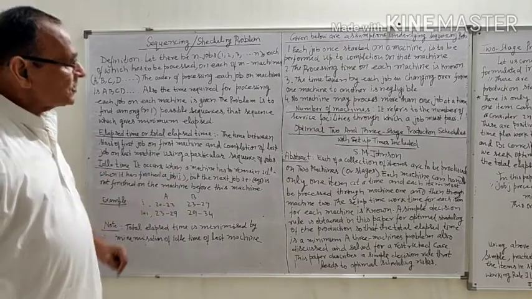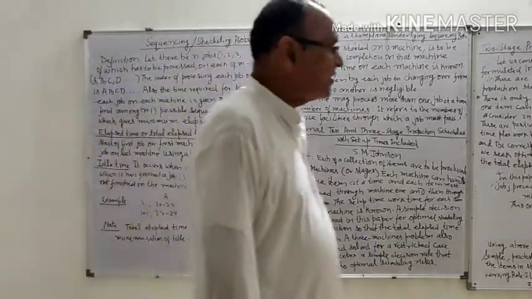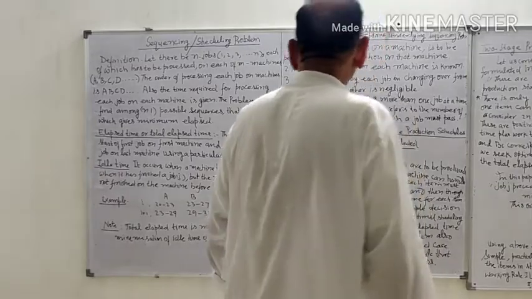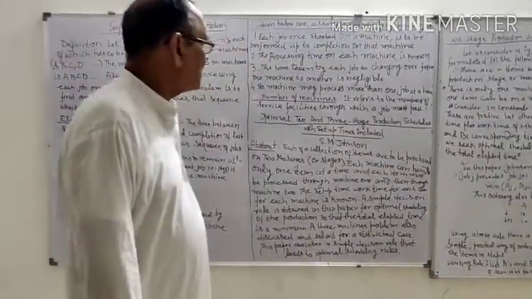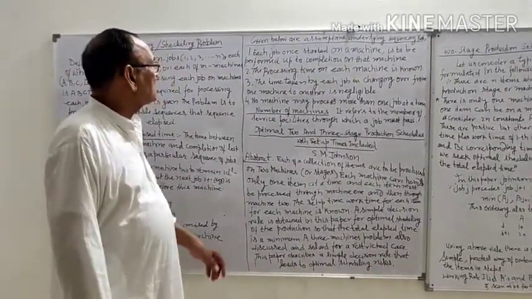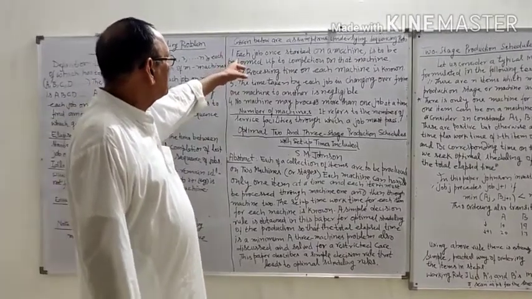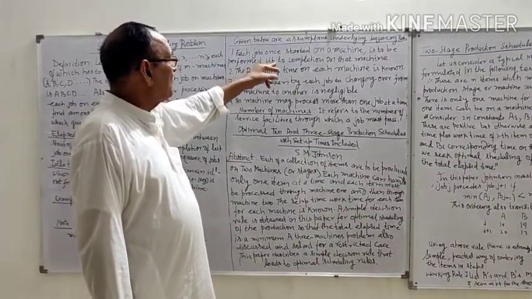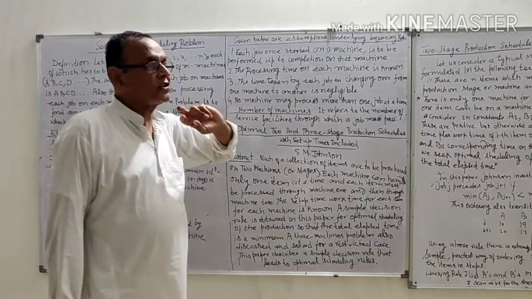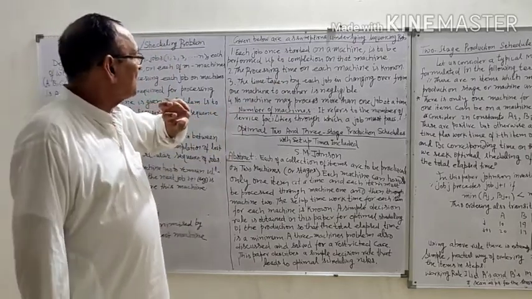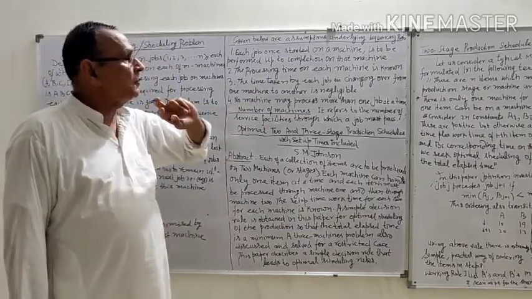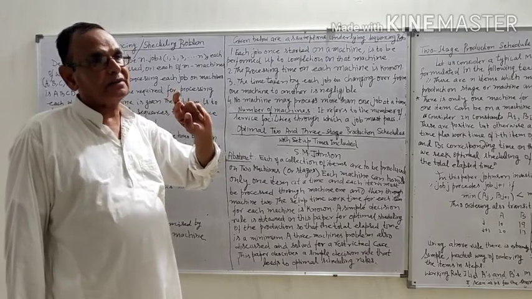Now, the assumptions used in sequencing problems. If we are taking the sequencing of n jobs on m machines, first assumption: each job, once started on a machine, is to be performed up to its completion on that machine.